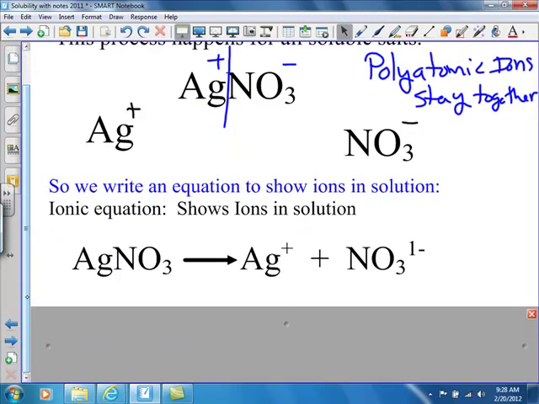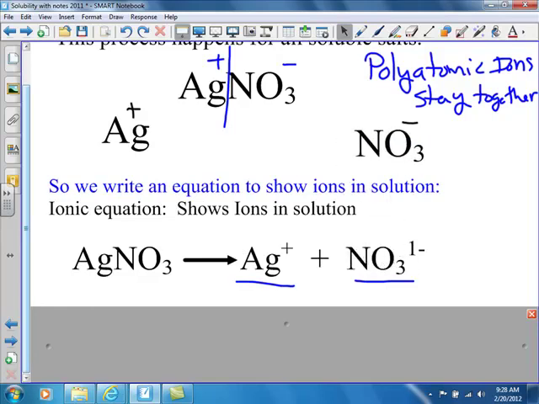The way we show this is AgNO3 is going to break apart into its silver ions and its nitrate ions. So all we do is we take this up here and put it down here, and take this and put it down there, because that silver nitrate broke apart and formed those 2 ions.